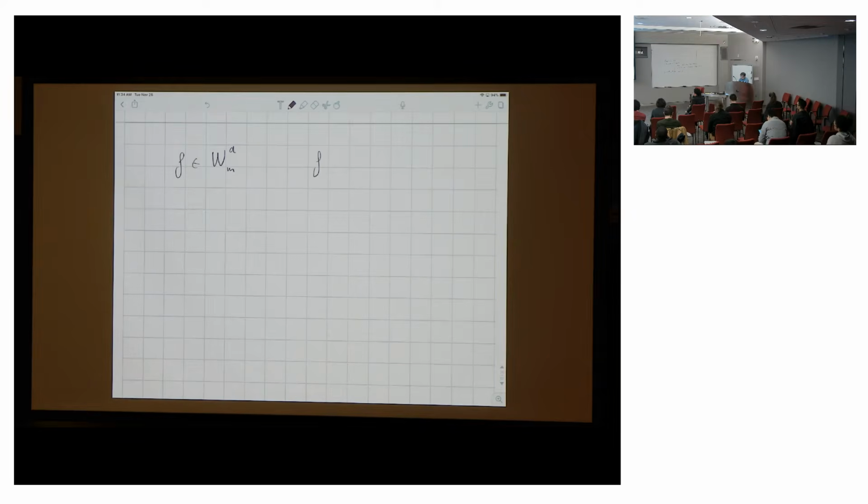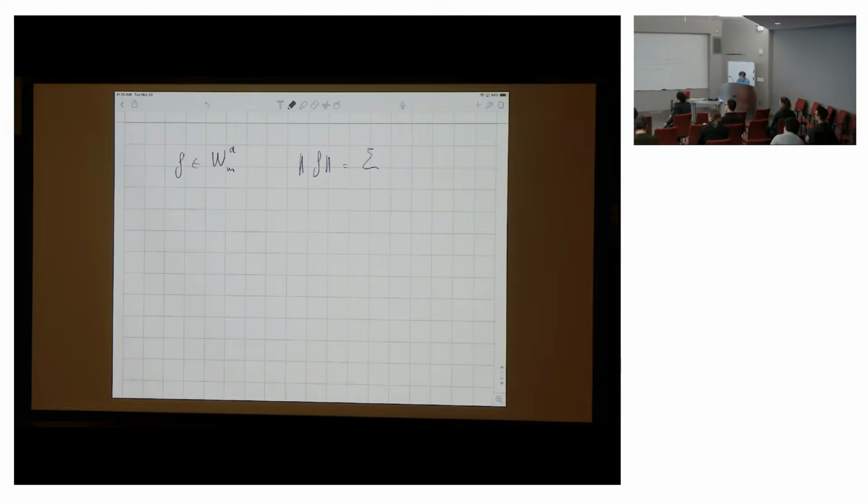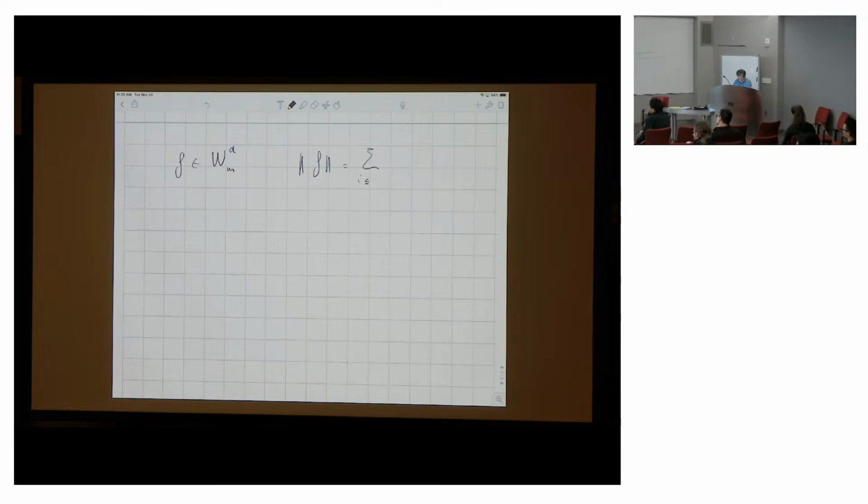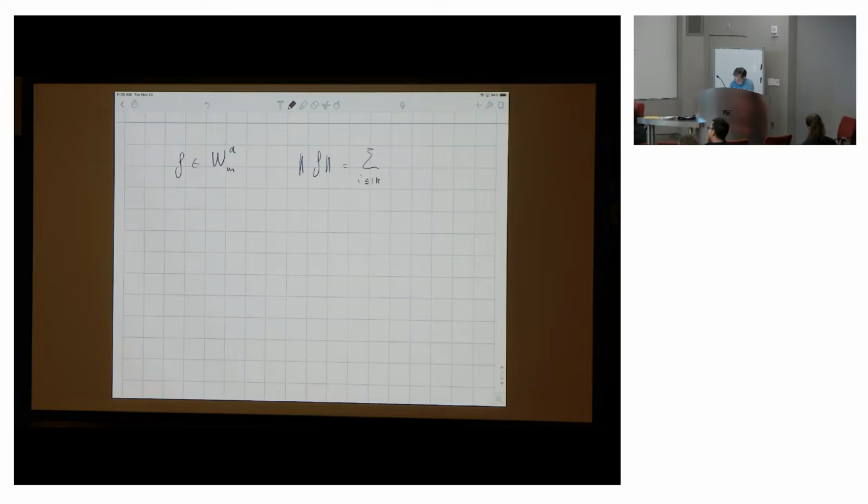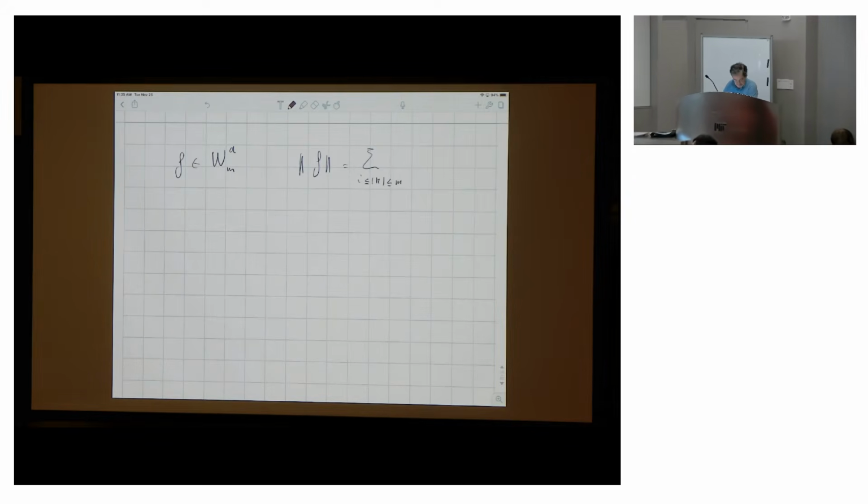So this would be the norm of f, which would be the sum over k less than or equal to m, and this would be the sum over i of derivatives, including mixed derivatives, of degree k of f.